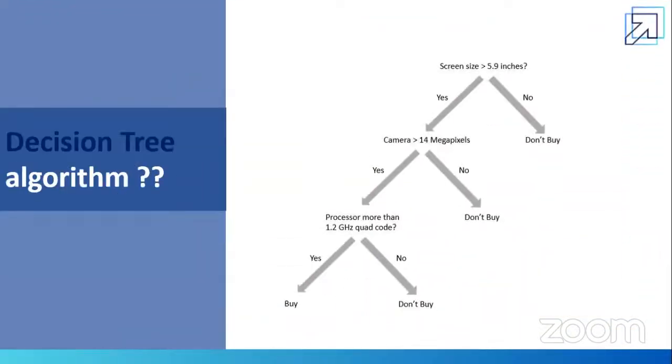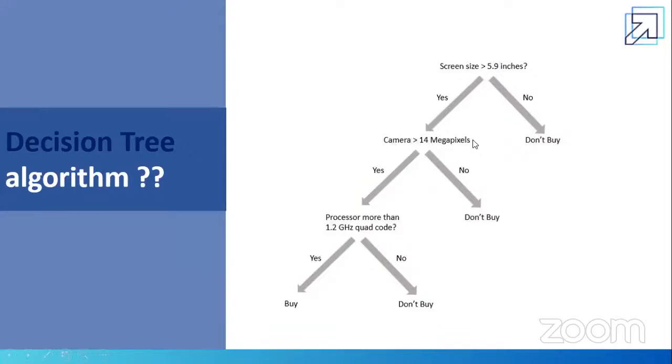So this is the example that I have just explained. Here I have three criteria: screen size, camera, and processor. If the size of the screen is greater than 5.9 inches, then I will check the other features. Otherwise, I will not buy the phone. If it is, then I will check the second condition, the camera.